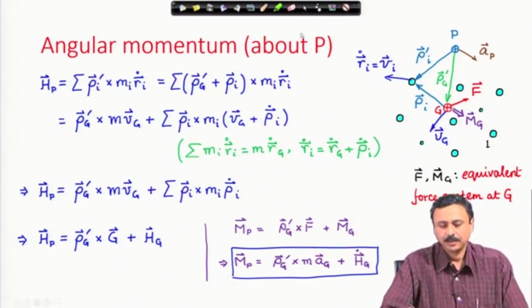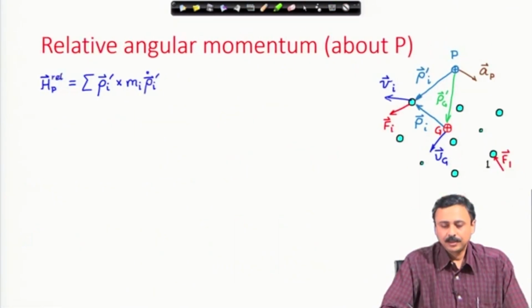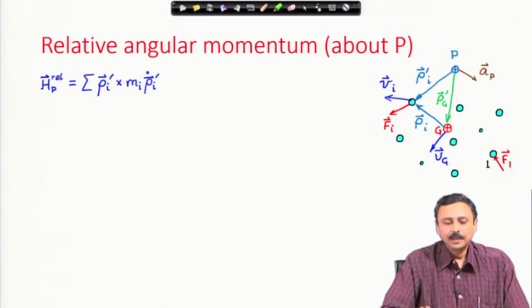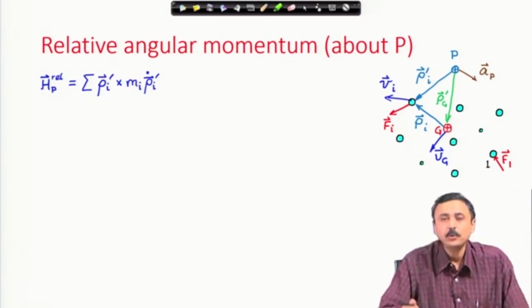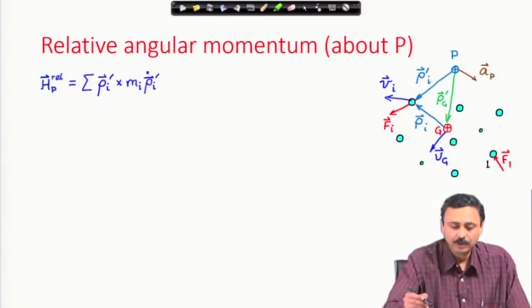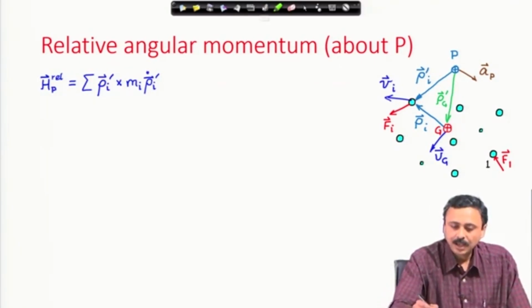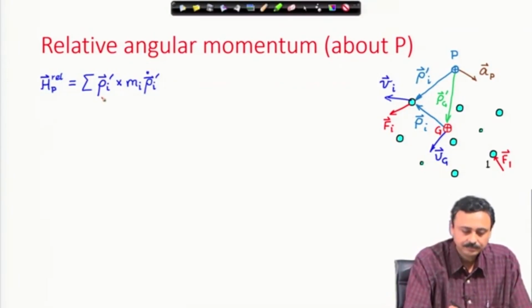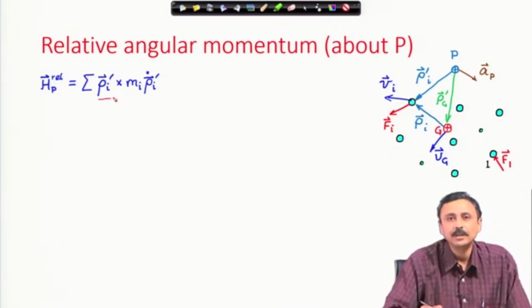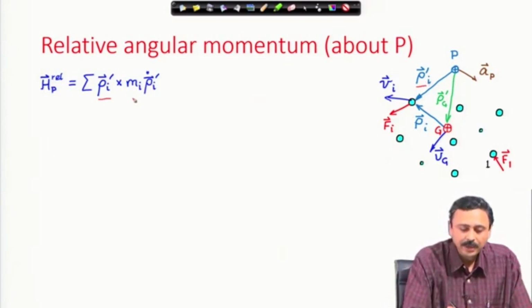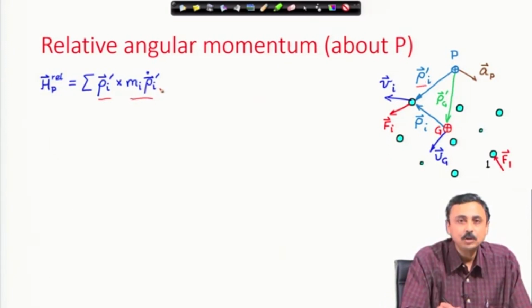But we can do another thing. Let us look at the relative angular momentum about P. Now, how do I define the relative angular momentum about P? I consider the moment arm for the ith particle, which is the vector from P to the ith particle, cross m_i rho_i prime dot.